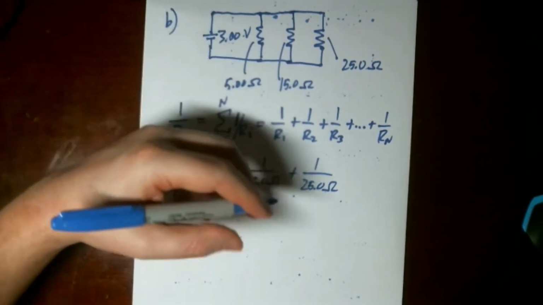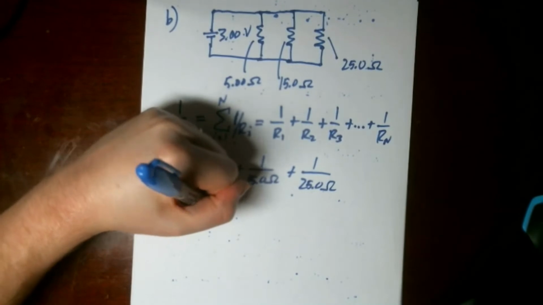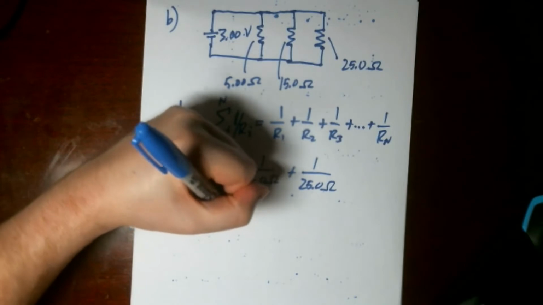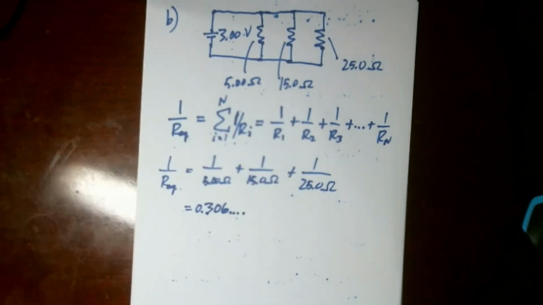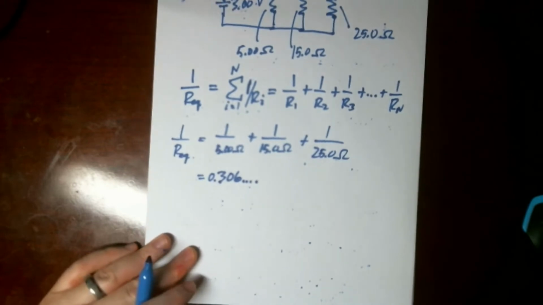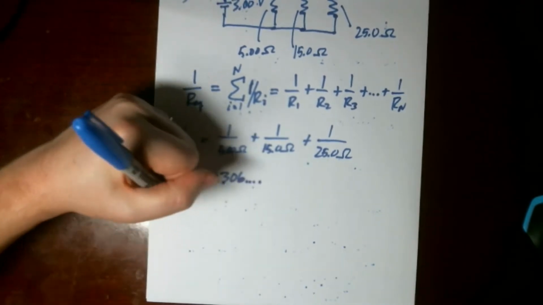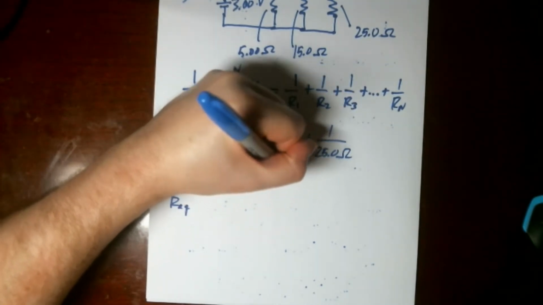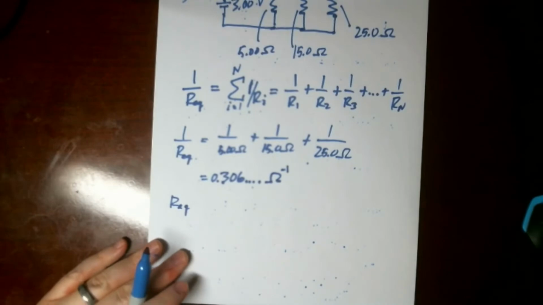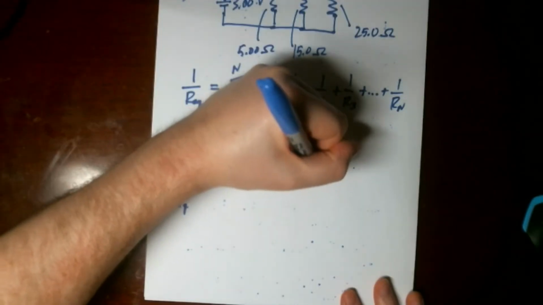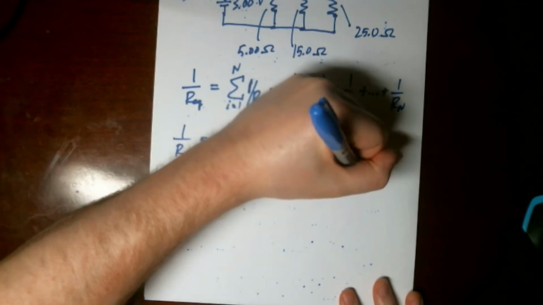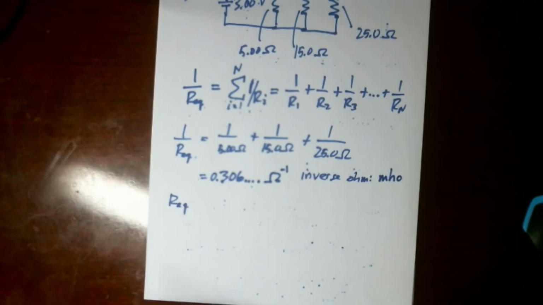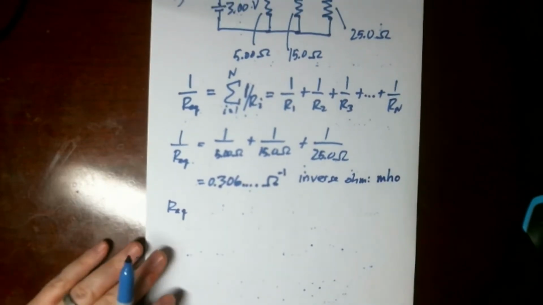And that gives us 1 over the equivalent resistance of 0.306, etc. I'm not going to write that out exactly because I want to invert it before I round it for significant figures. The unit on this is actually the inverse ohm, sometimes called, tongue-in-cheek, the mho. But that's just a silly physics joke.